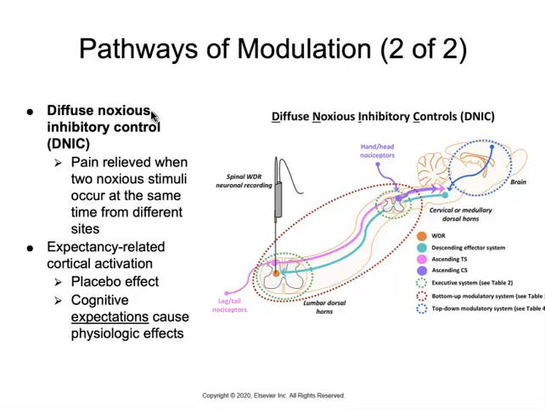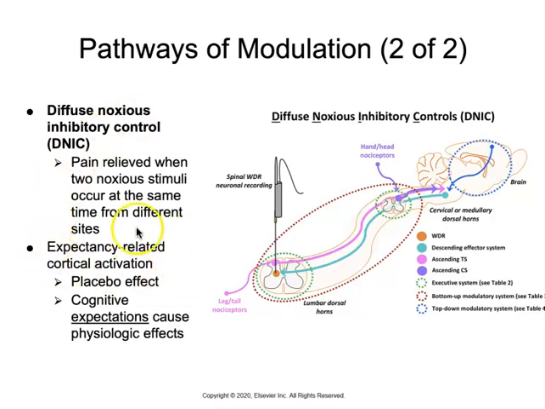We see that this is a deficit in a large proportion of chronic pain patients. We describe this as pain inhibiting pain, and it usually occurs when a response from a painful stimulus is inhibited by another one. So we typically have spatially distant painful stimuli going on.